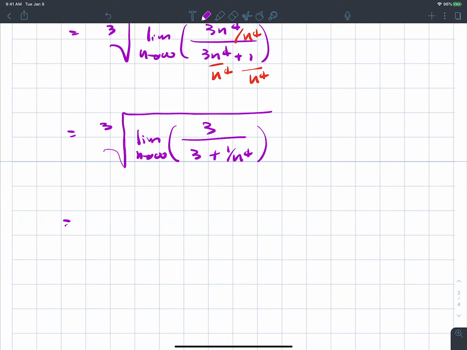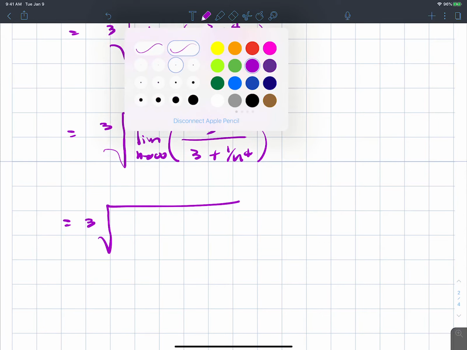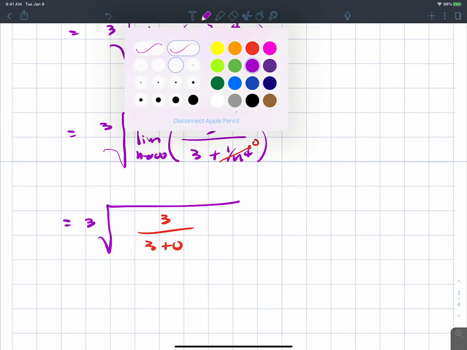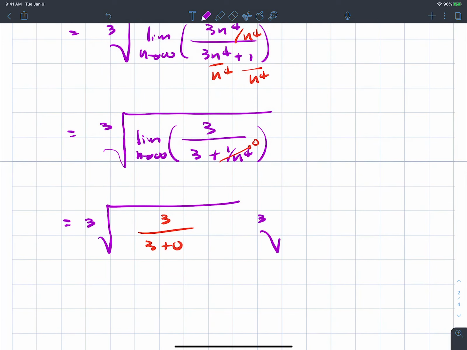So this is going to be the cube root now of, remember, this portion actually goes to 0. So you get 3 over 3 plus 0. And you really end up with the cube root here of 3 over 3, which is 1, which is 1 again. That's the constant. So we got a finite limit.